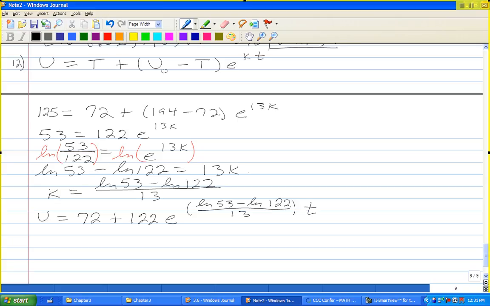Okay, so it says find the time needed for the coffee to cool to a temperature of 88 degrees. And so let's plug in 88 here and solve for t.